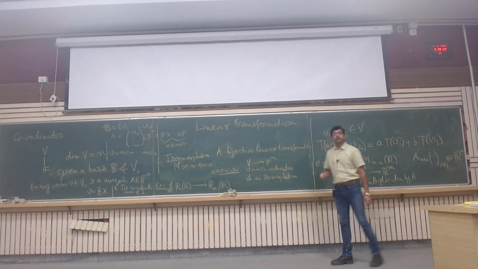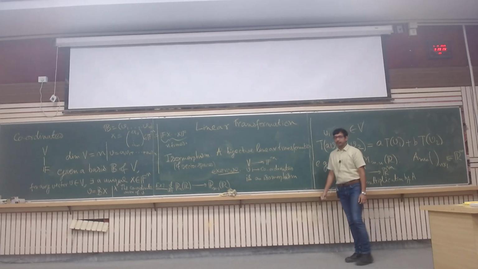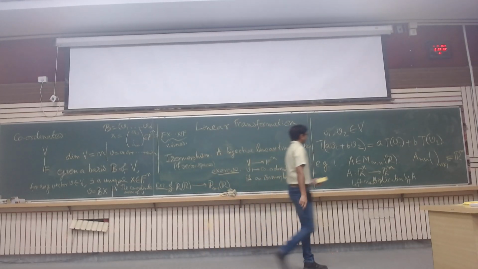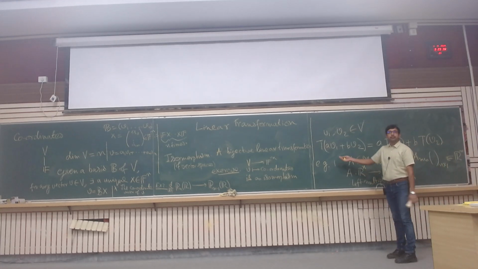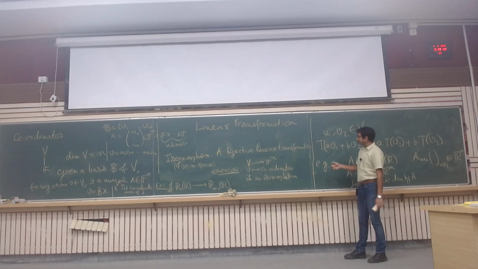That is, it's injective and it's surjective. And now we will define what we mean by the matrix of a linear transformation. So, till now the concepts we saw are what is a linear transformation, what is a coordinate, and what is an isomorphism.